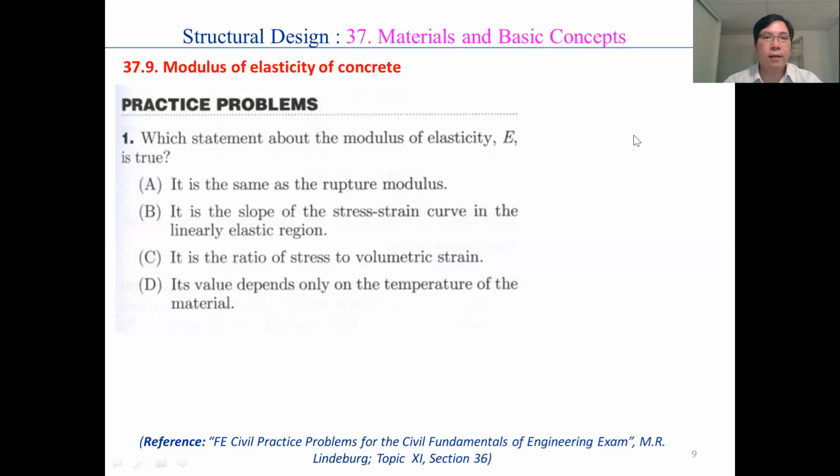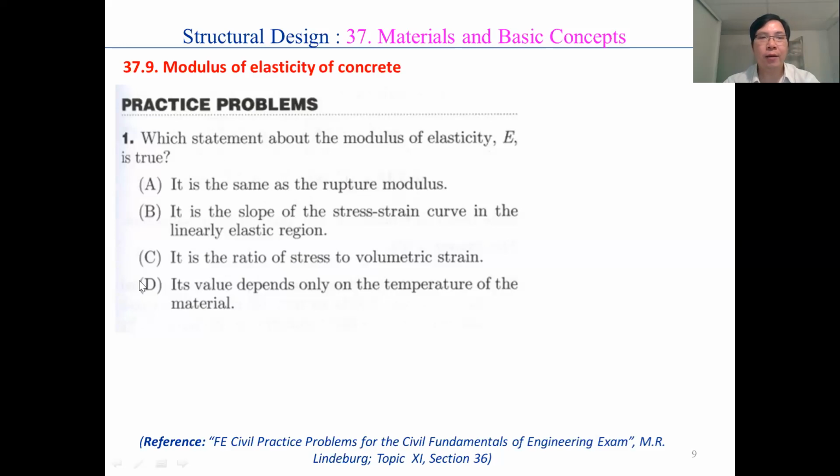And in this slide, I will present to you the practice problem related to the modulus of elasticity of concrete. The question of the problem is: which statement about the modulus of elasticity is true?